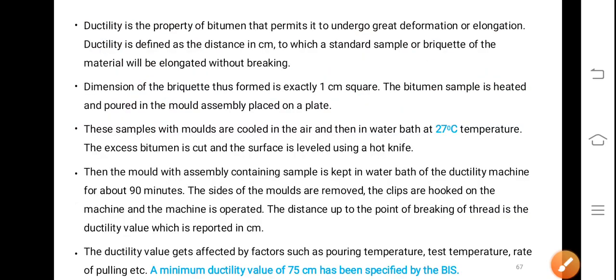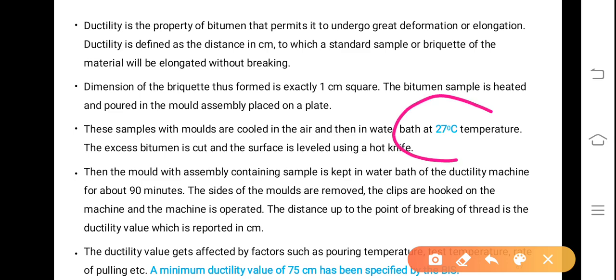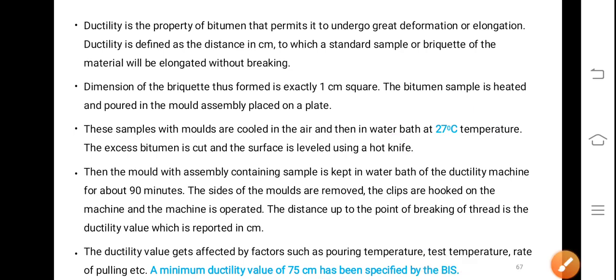All other details will be explained during the practical. However, as a theoretical class, you should know the temperature at which the test is to be performed. The standard temperature is 27 degrees centigrade. A minimum ductility value of 75 centimeter has been specified by BIS, Bureau of Indian Standards, not British.